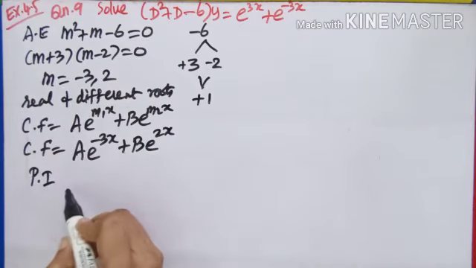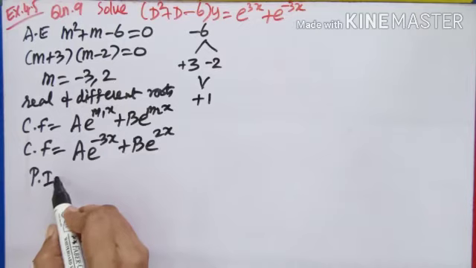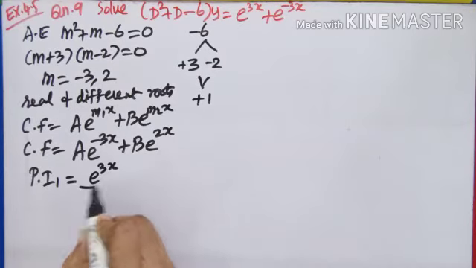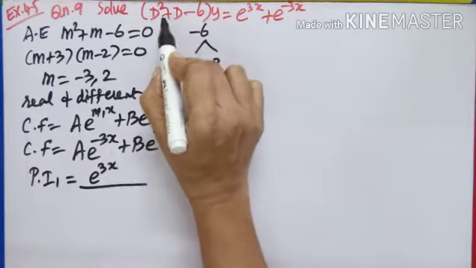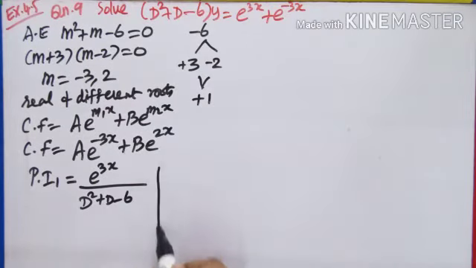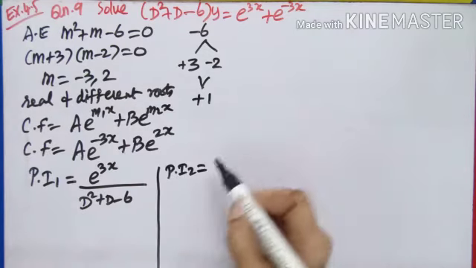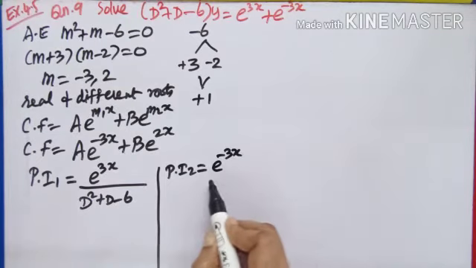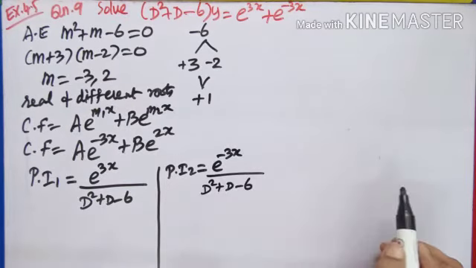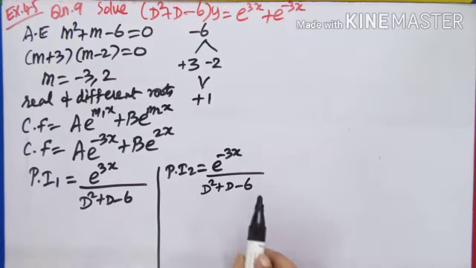Particular integral, there are two terms. So we will write particular integral 1 as e power 3x divided by this bracket d square plus d minus 6. Particular integral 2 will be the second term, e power minus 3x by d square plus d minus 6. Now here the number is 3.